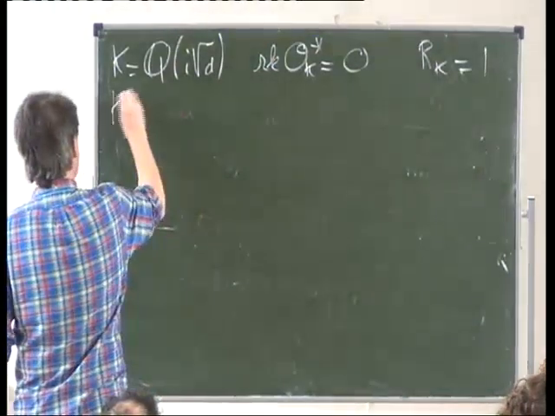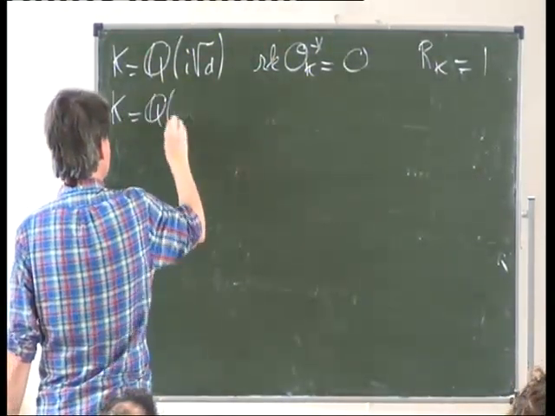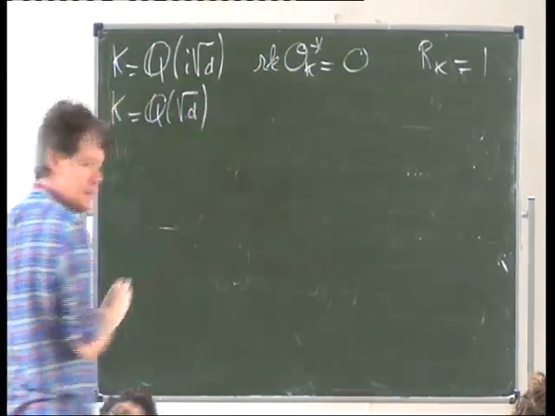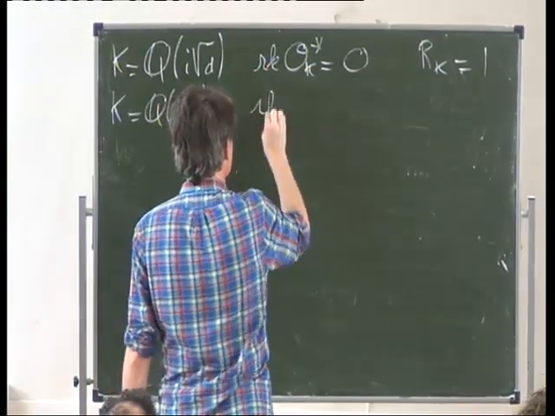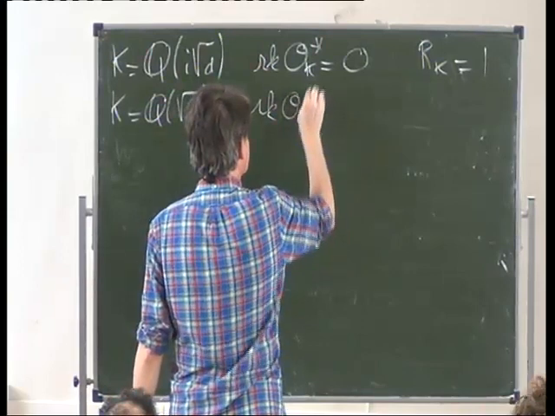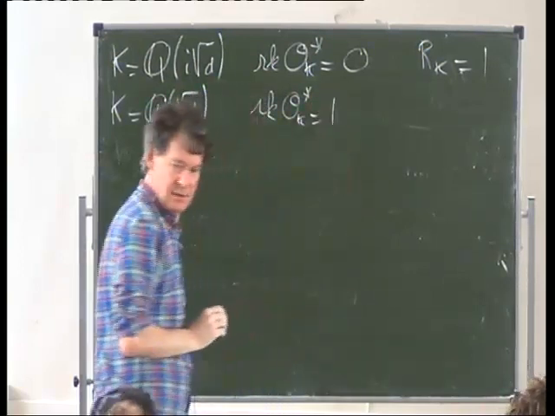Now, a more interesting case, I take a real quadratic field. Then in this case, the rank of O_K star is 1.